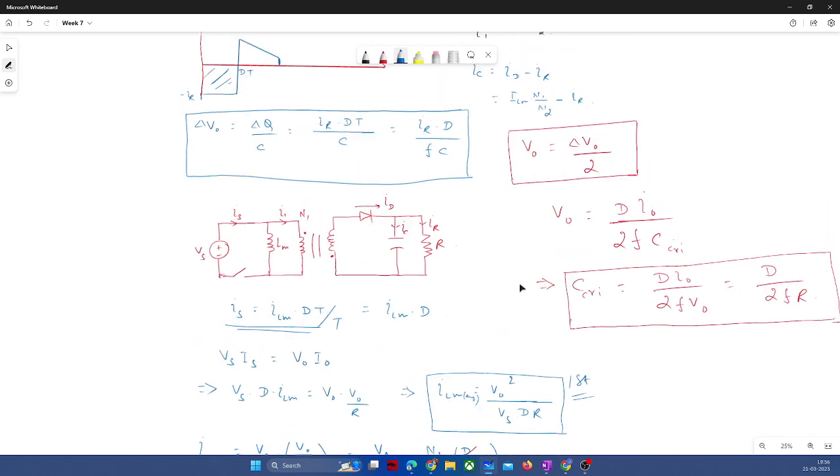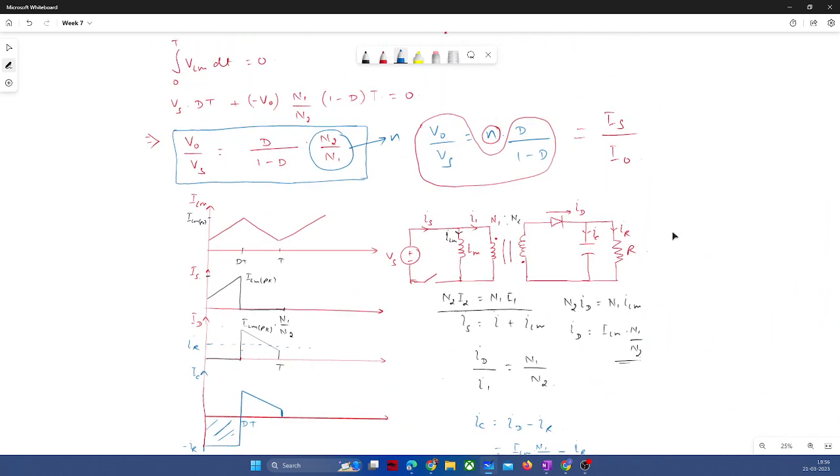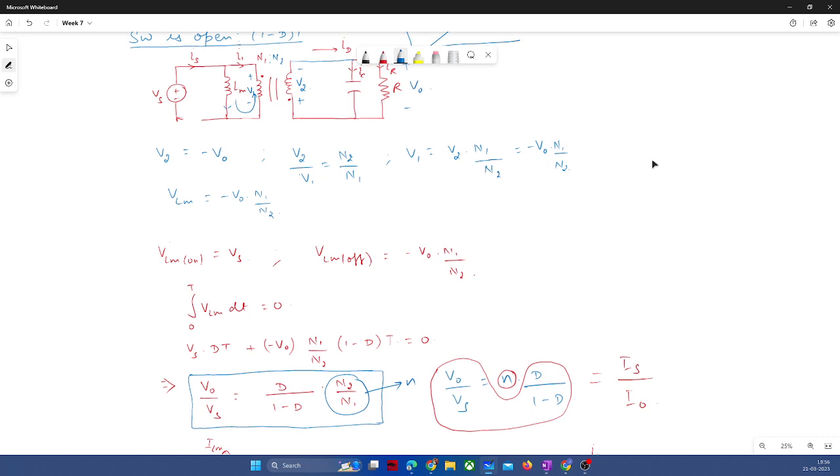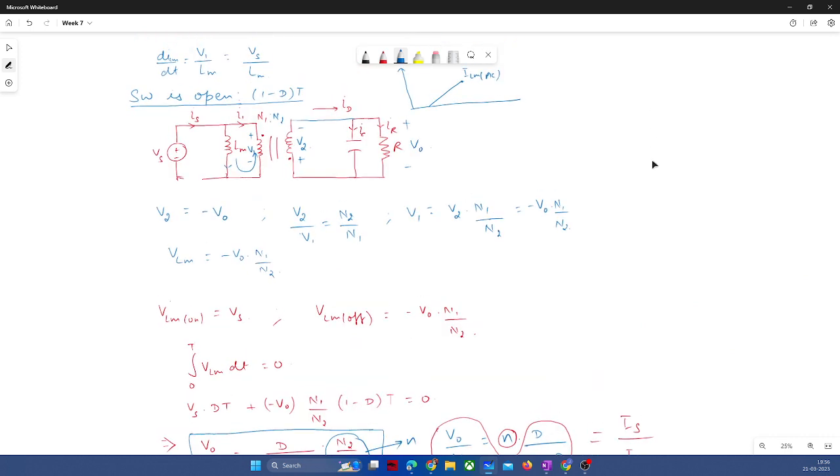So when the switch was open, minus plus. Why am I taking this polarity? Replace it with a buck converter.